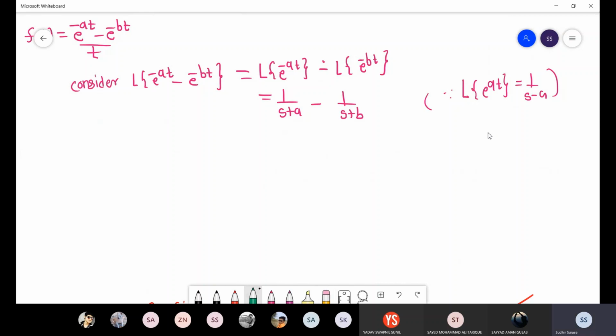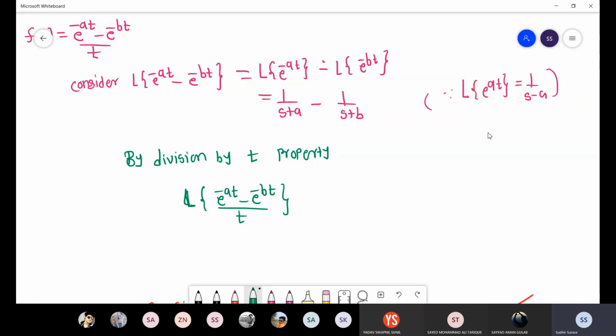Therefore by the division by t property of Laplace transform, we have the Laplace transform of e to the power minus at minus e to the power minus bt, whole divided by t. It is nothing but the integration.